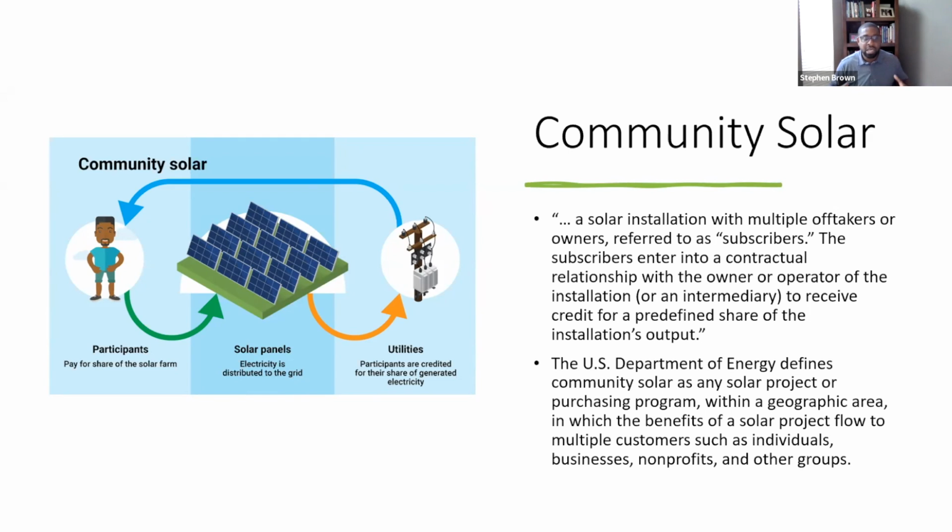But essentially, most models look similar to this, right? The participant might be a larger business or a faith-based nonprofit. There may be an anchor tenant who might own 40% of the asset, and then the other 60% is shared with the community. But we'll talk a little bit about the different types of community solar projects.